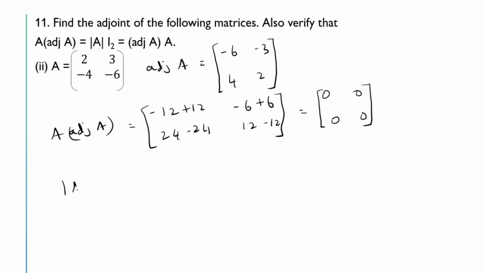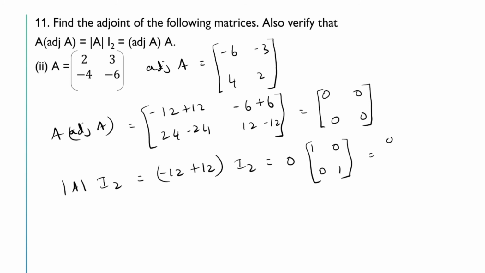And determinant of A into I2 is equal to determinant of A, which is minus 12 plus 12, into I2. This is equal to 0 into 1, 0, 0, 1. So this is also equal to 0, 0, 0, 0.